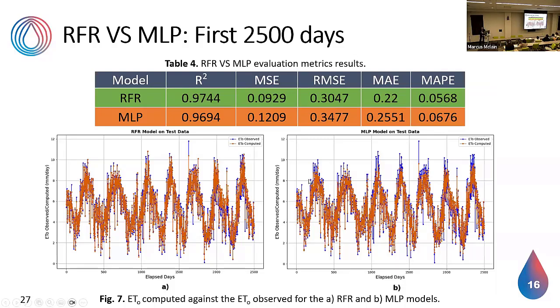On the right side, you can see that the MLP model tends to not predict too well on values higher than 9 millimeters per day. On the other hand, the random forest regressor model can predict very well all the seasonalities of the data.